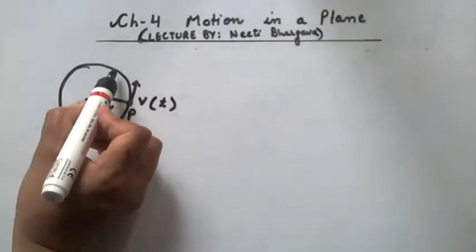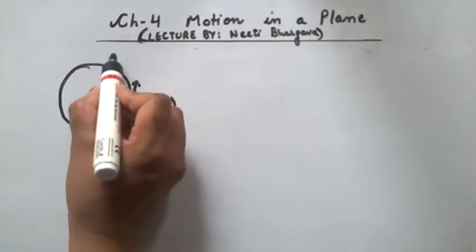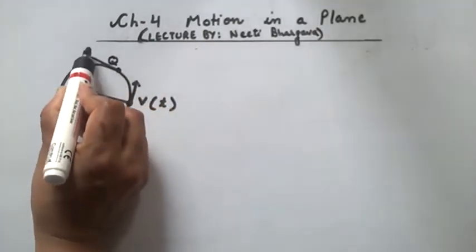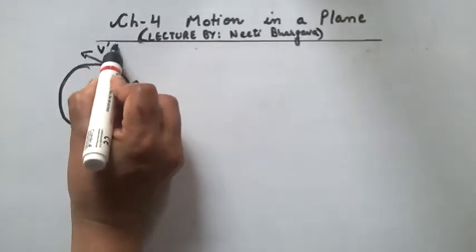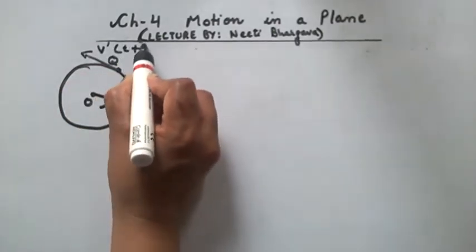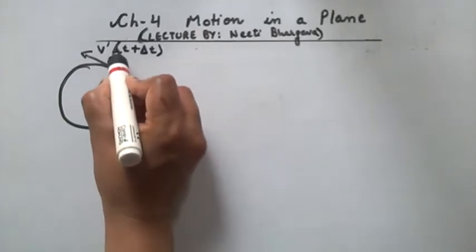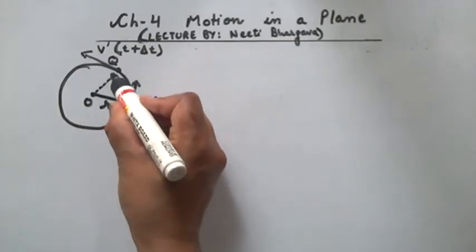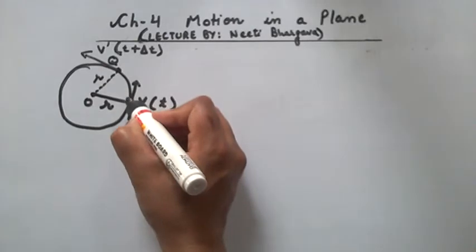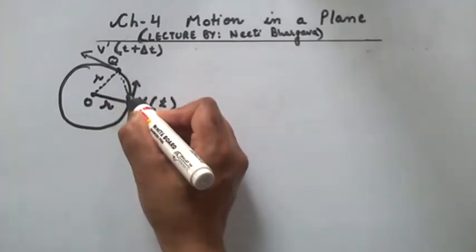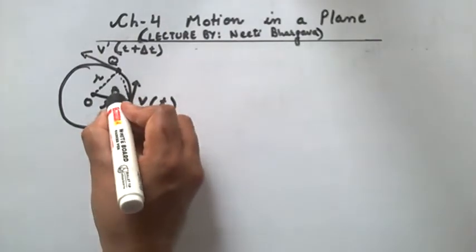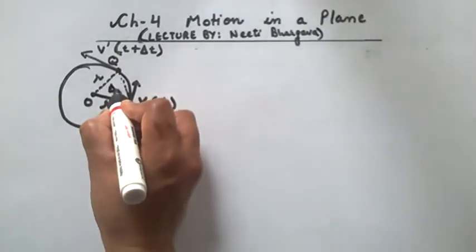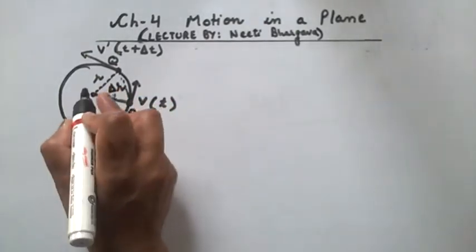As time passes, it reaches this position, which is point Q, and now its velocity is v dash at time t plus delta t. That is, after a small time interval delta t, its velocity is v dash. Its radius remains constant, and this is the change in distance denoted by del r, the shortest distance.